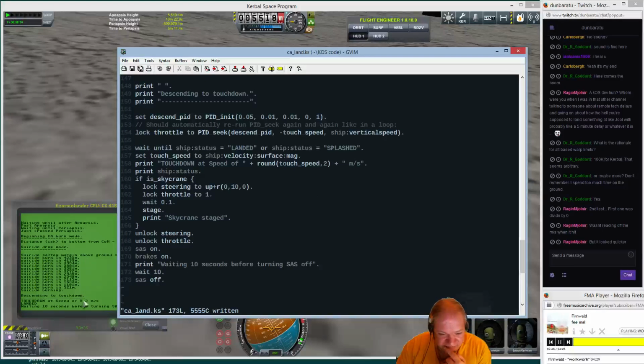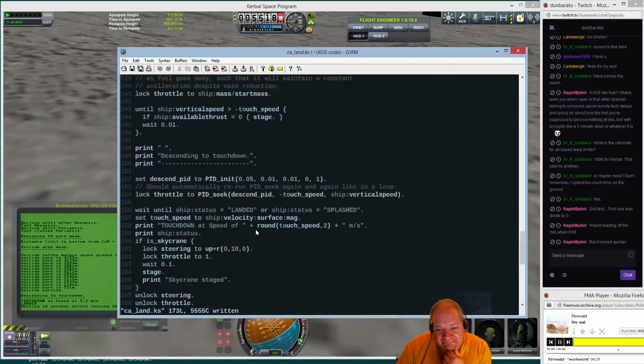Let's see, where is that printing from? Touchdown at speed of touch speed. Touch speed is the surface velocity magnitude at the point where the status set landed. I suppose maybe at the moment of impact it doesn't switch to status landed yet. That could be. I wonder how I would fix that.